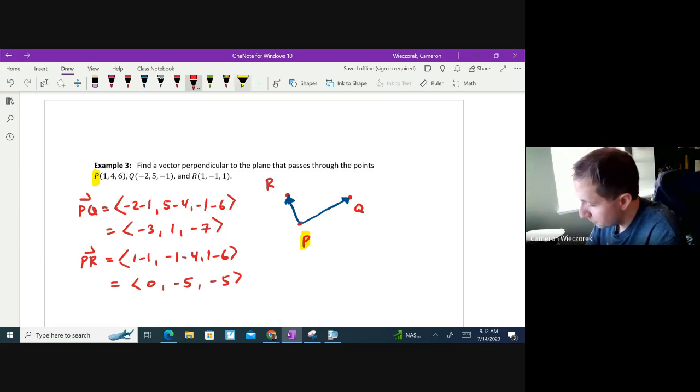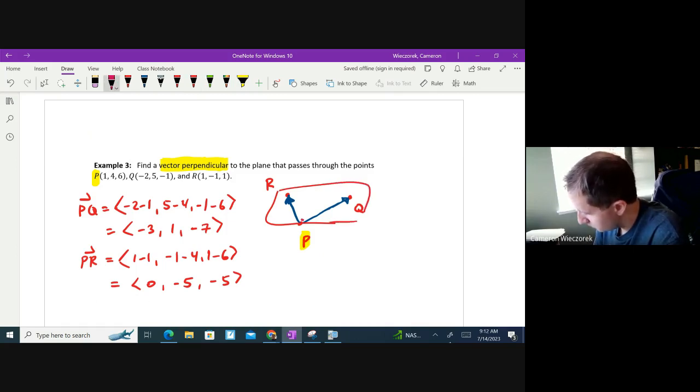And I want a vector perpendicular to the plane passing through those points. So if this is my plane, I want a vector that's going to be orthogonal. See if I can draw this in a way where it looks orthogonal. Yeah, so I want a vector that forms a right angle with this one and forms a right angle with this one. Well, what's that going to be? That's going to be the cross product.